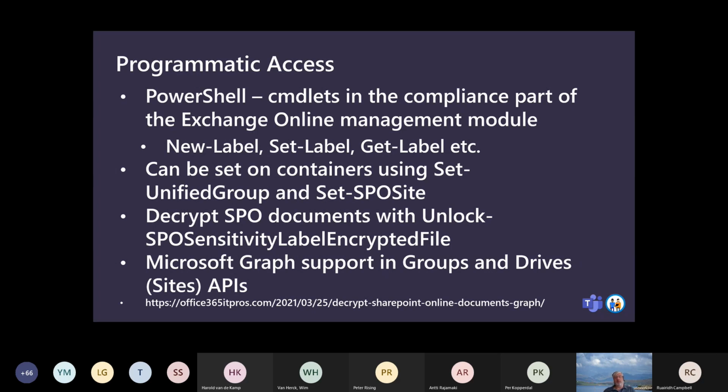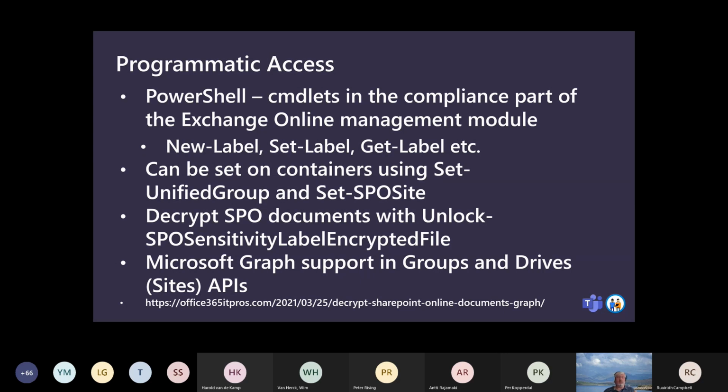One thing that I'll point out about programmatic access is that there's no way in PowerShell right now to actually set a sensitivity label on a document. Not even in the MIP module. Microsoft hasn't provided that. So when ISVs build integrations to use sensitivity labels, they have to use the MIP SDK to do this.